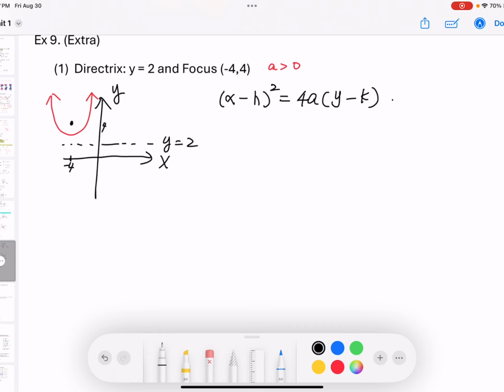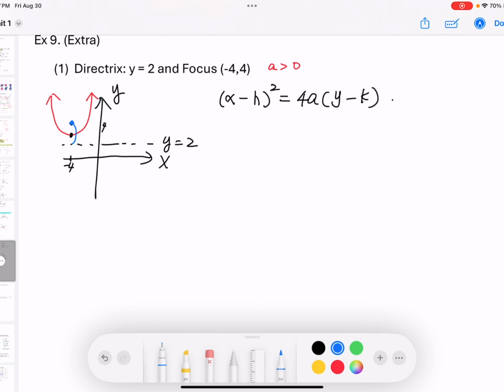And what is the vertex? h comma k. And what is the a? Let's see the a first. The distance from our focus to the directrix is the absolute value of 2a.